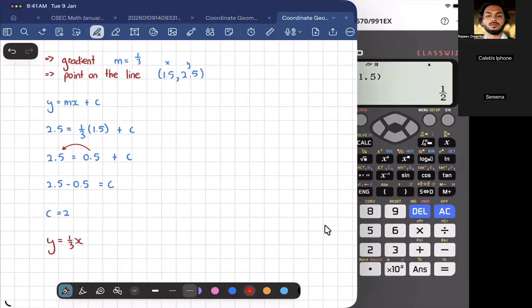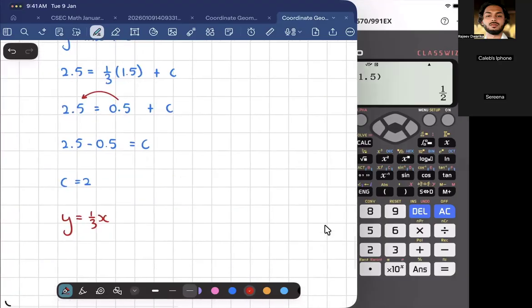The only reason why we needed a point on the line was to figure out c. In the equation of a line, you need to put the gradient and the y-intercept. You will leave y and x as variables because it's a function. You could plug an x value in and you'll get a y value out. So it's going to be a third x plus 2.